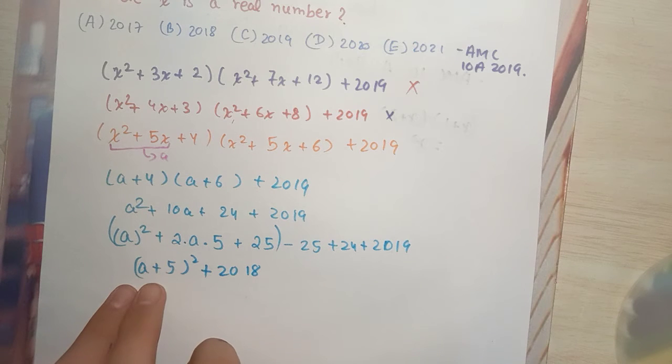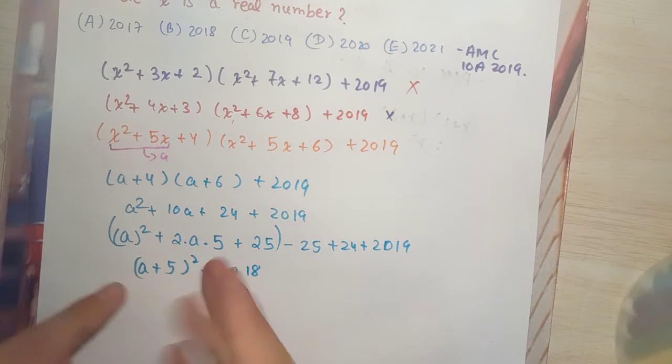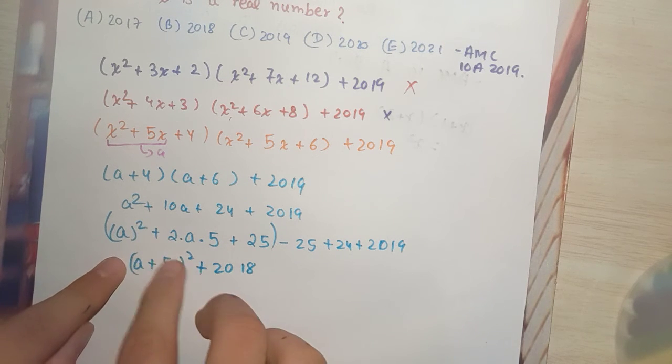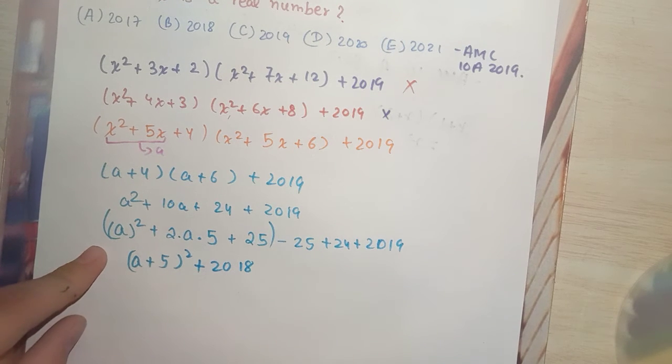Now, let us see. If a is negative 5, this thing will be 0. If a is less than negative 5, this will be a negative term, and a negative squared will give us a positive, so that will increase the value of this expression.